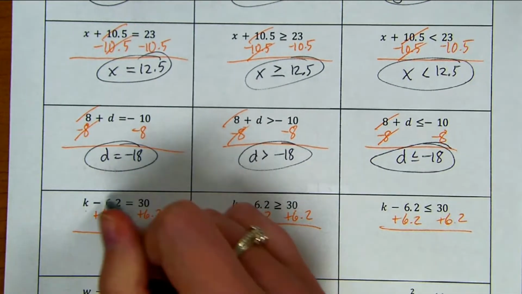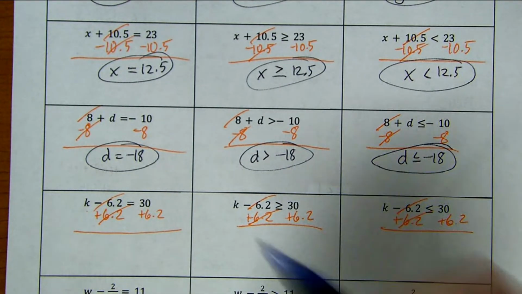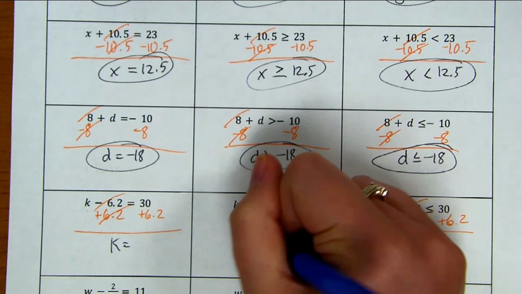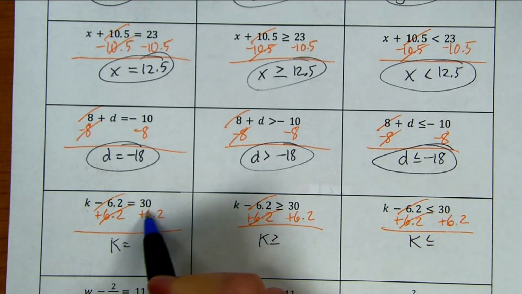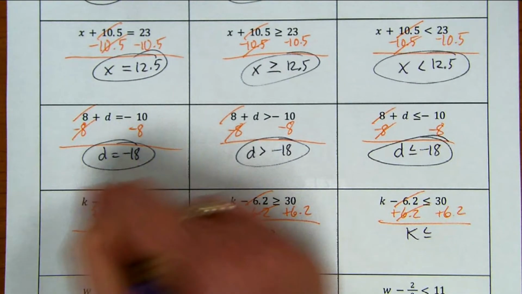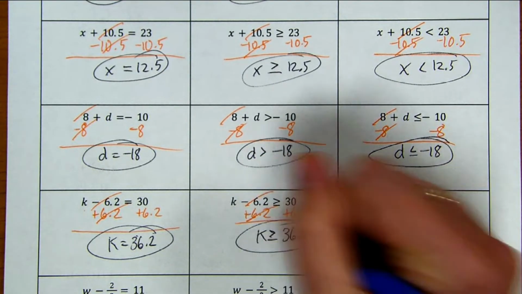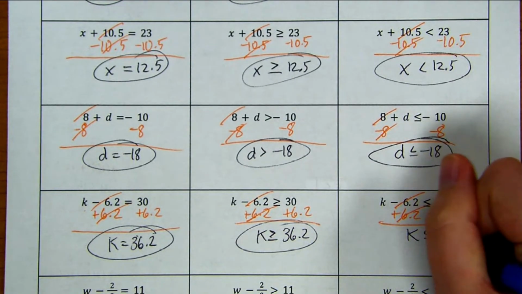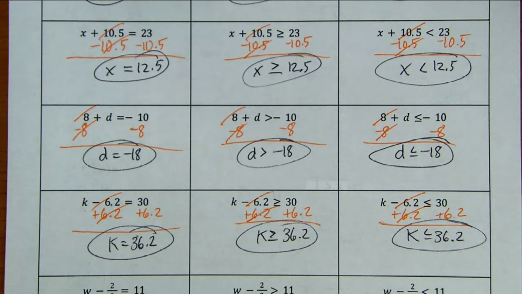So minus 6.2 plus 6.2 will cancel out. So we're just left with the variable k on one side of the equation, or inequality. On the other side, 30 plus 6.2 will be 36.2. So we'll have k equals 36.2. We'll have k is greater than or equal to 36.2. And for the last problem, we'll have k is less than or equal to 36.2.